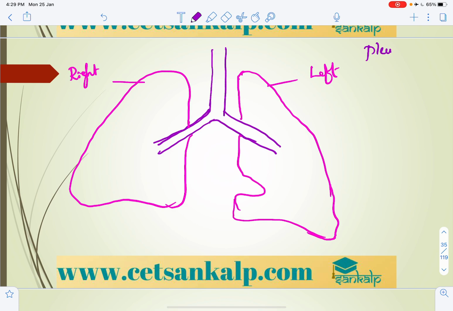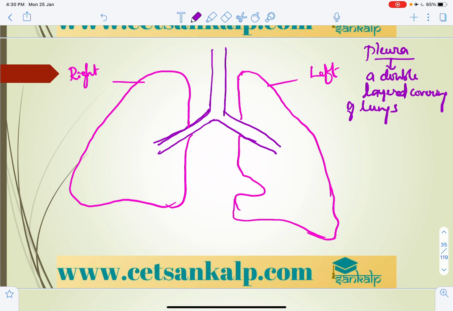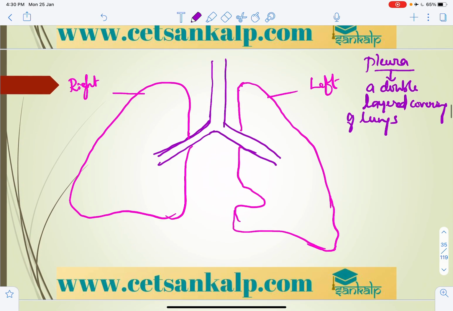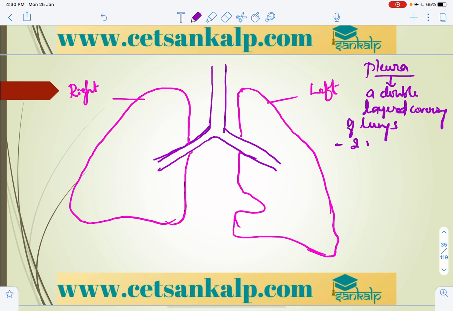Pleura, or the pleural membrane, is a double layered covering of the lungs, made up of two membranes. That is why it is a double walled sac-like structure.